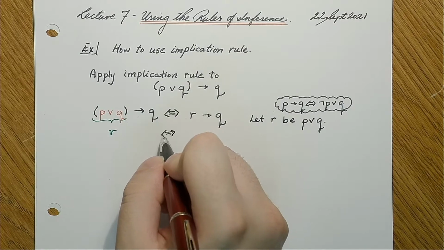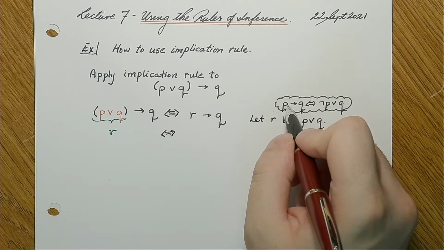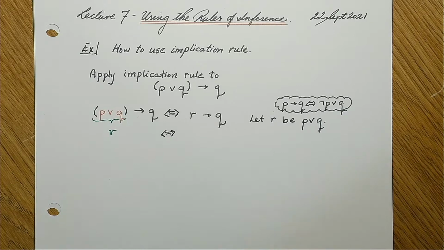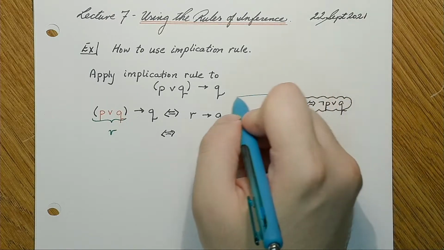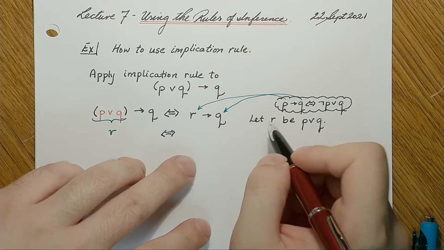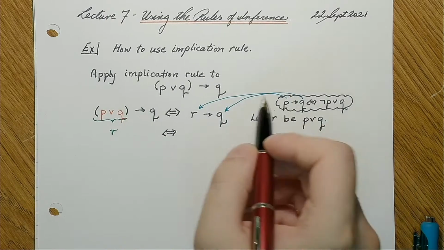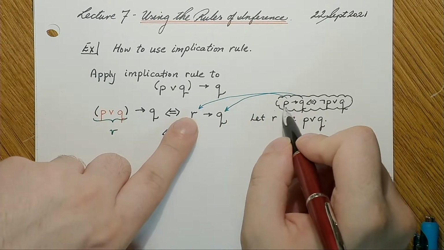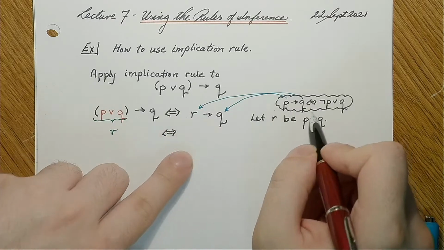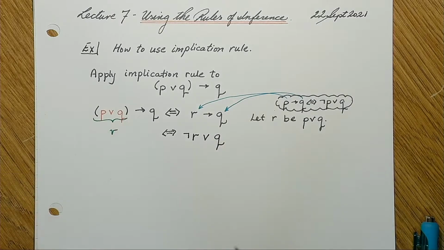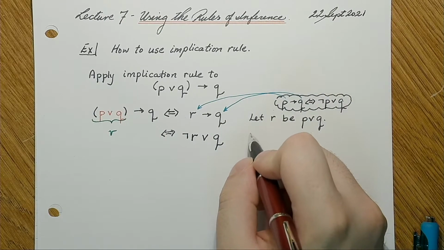And then we can apply the implication rule, which says that if I have P implies Q, that's not P or Q. So there's the R, and that's the P, and there's the Q. What this tells me is that I need to think of this as R implies Q, which means that I have not R or Q. So that's applying the implication rule.